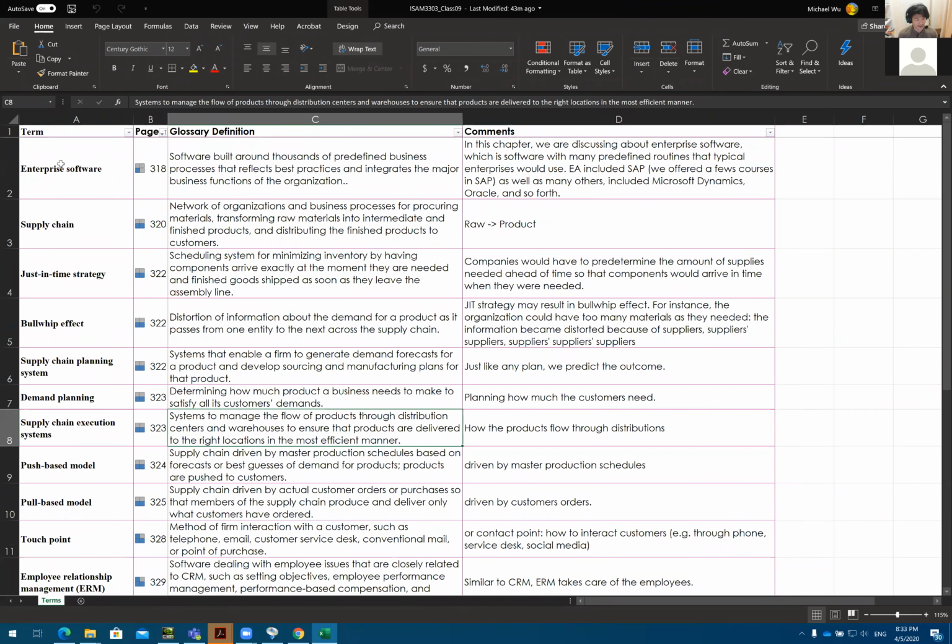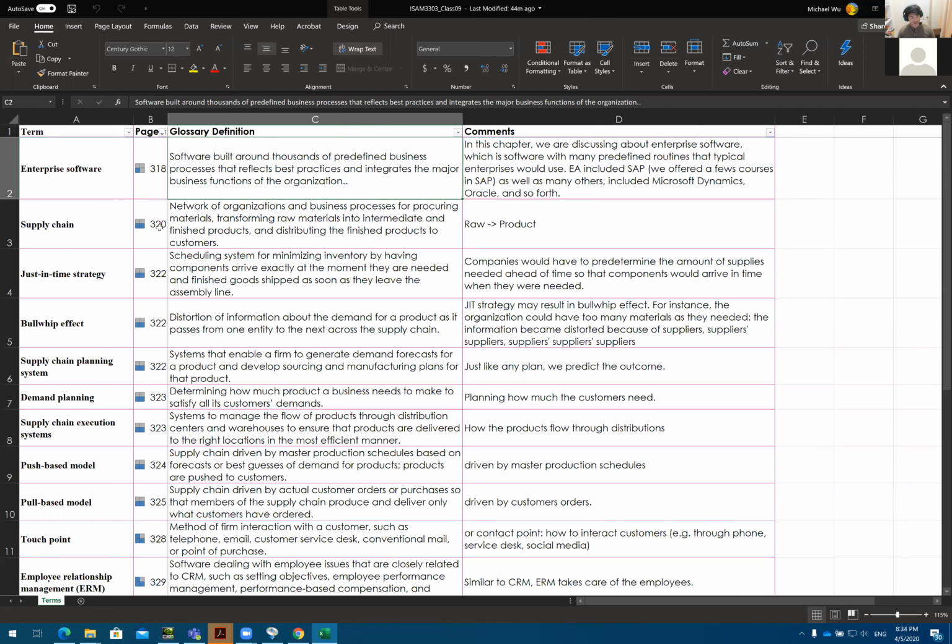Basically, these are all the bolded words that you find in the chapter, and they have some definitions here. I pulled all these definitions from the glossary, but the definition may be a little bit different from the text. My comments came from the text, so they may not have the same wording.